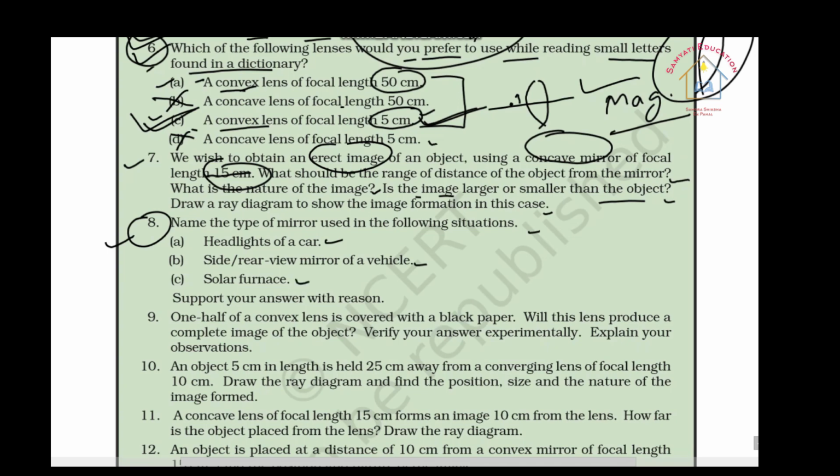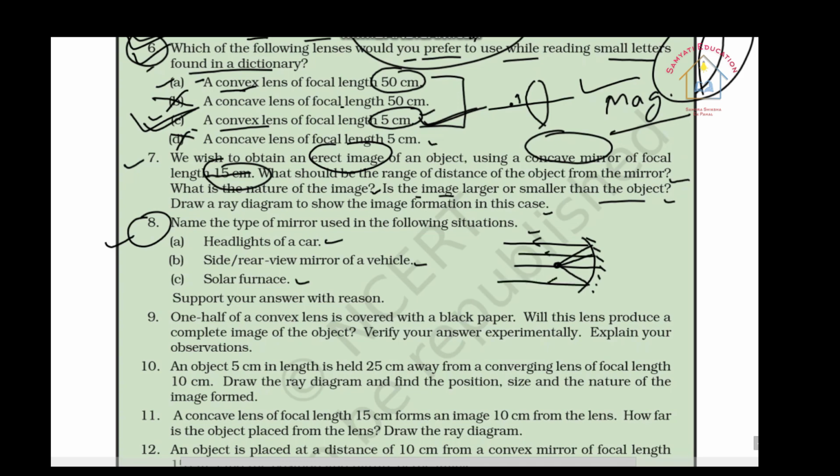For the headlight of a car, we will use a concave mirror, because if we place an LED light or a bulb here on the focus of the mirror, then light from it will be reflected parallel to the principal axis.